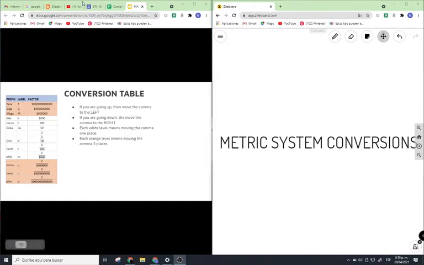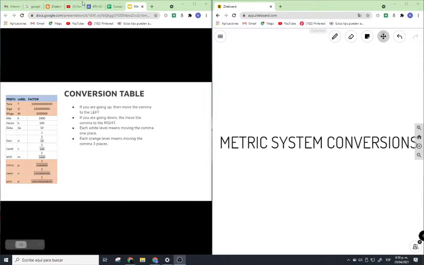I want you to focus on the colors here, because there is a middle section that is white, and there are two top and bottom sections that are orange. So it's going to be different if you move from white to orange or from orange to white, but it depends on the situation.